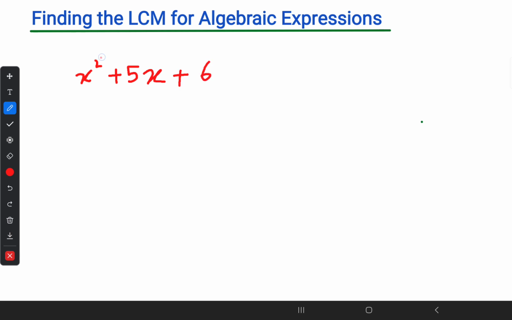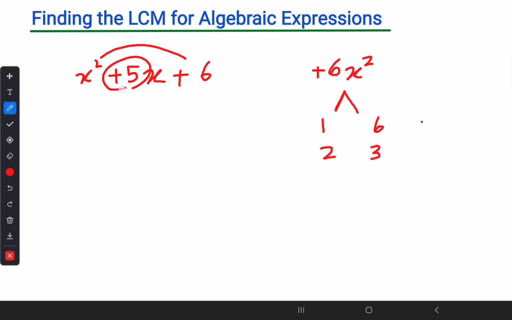First of all, you have to multiply both of them. X square times positive 6 would be positive 6x square. You have to select the suitable factors. It could be 1 times 6, that is 6, or 2 times 3, also 6.